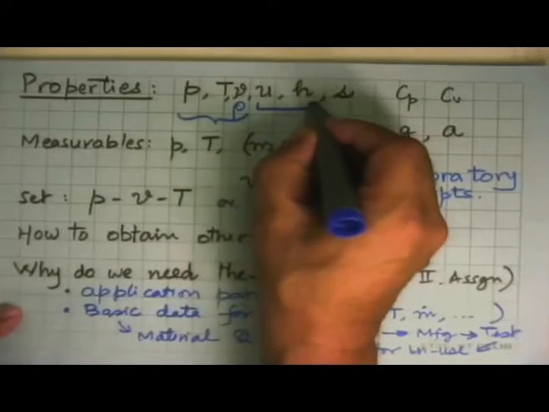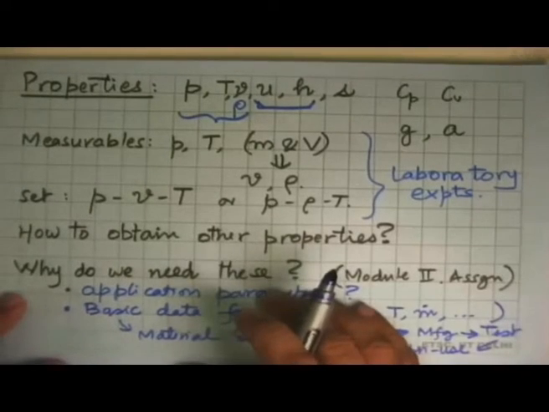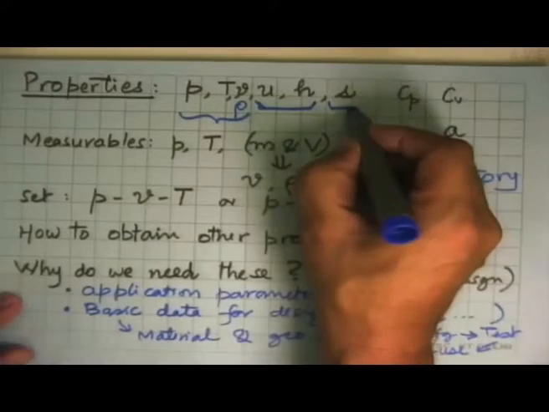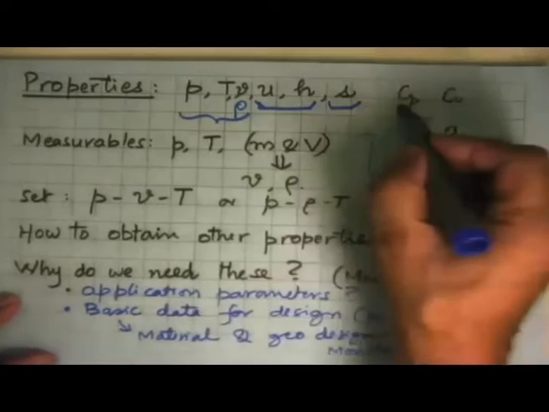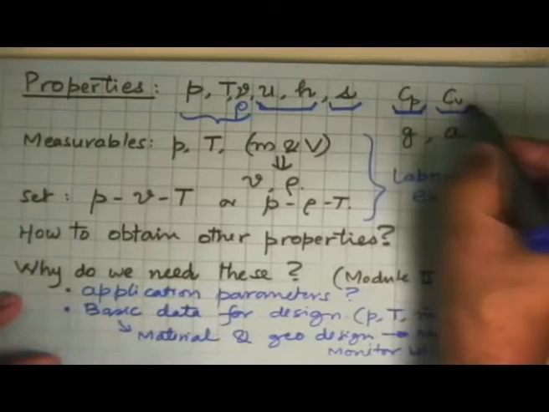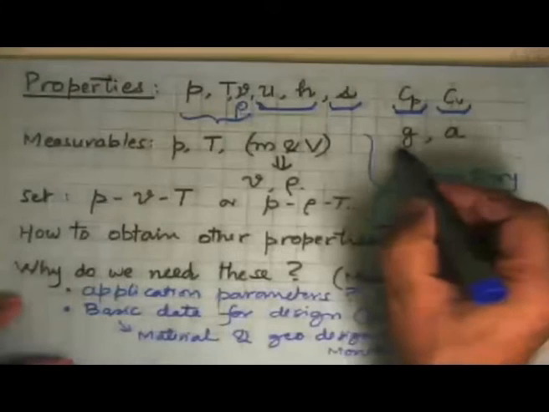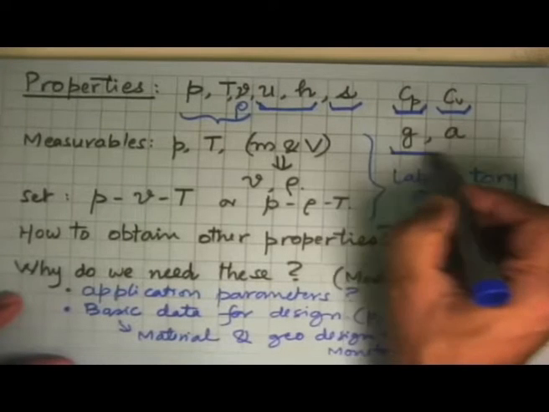Then we looked at the first law of thermodynamics and came up with these two properties: specific internal energy, specific enthalpy. Then from the second law analysis we came across, now we'll define some more properties. One is specific heat at constant pressure, the other is specific heat at constant volume, and we'll briefly introduce two more properties.